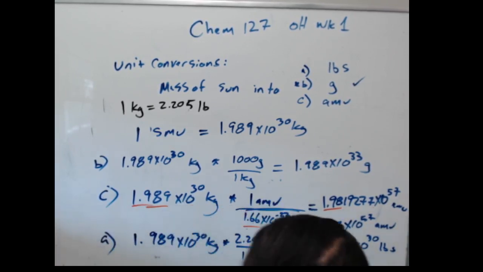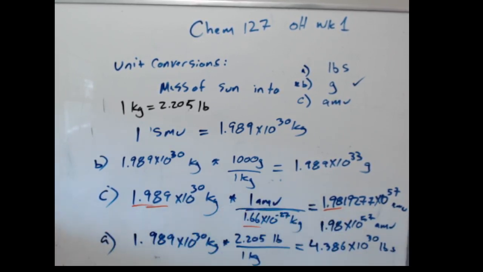Now, the thing that's funny about this is, I don't know about you, but 10 to the 30 makes absolutely no sense to me. I have no way of conceptualizing that. Is $1 billion a lot of money? Is $1 trillion a lot of money?